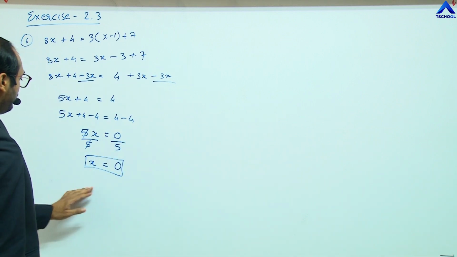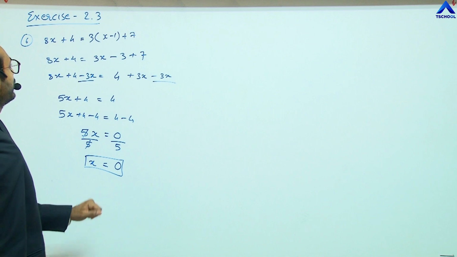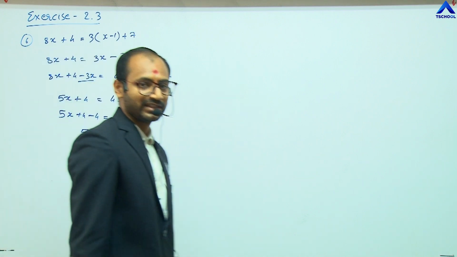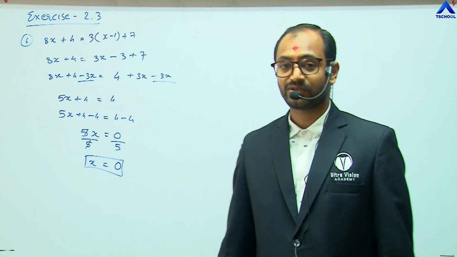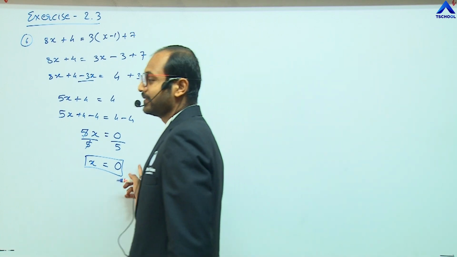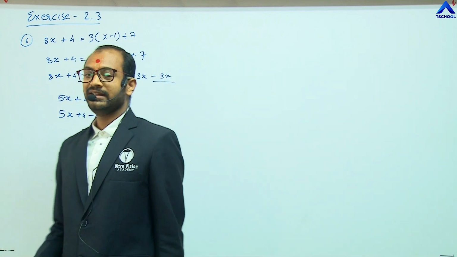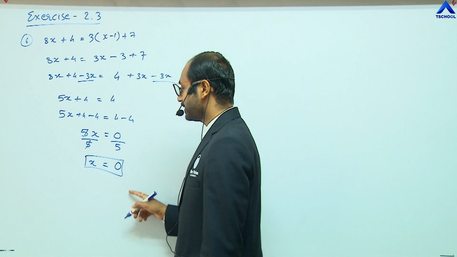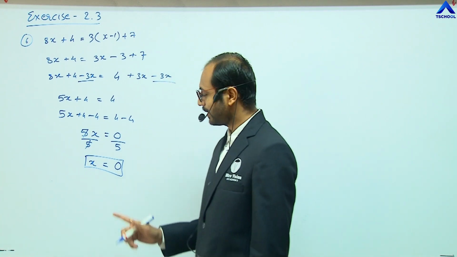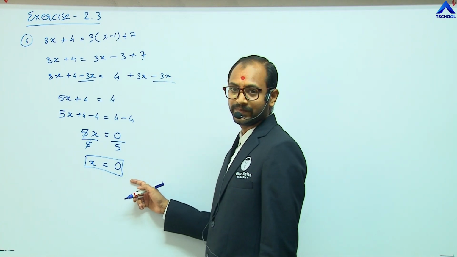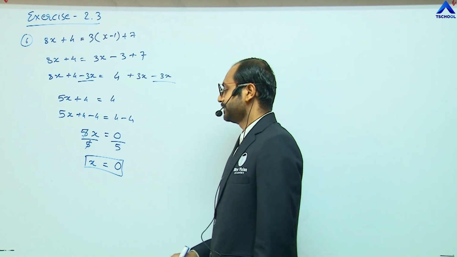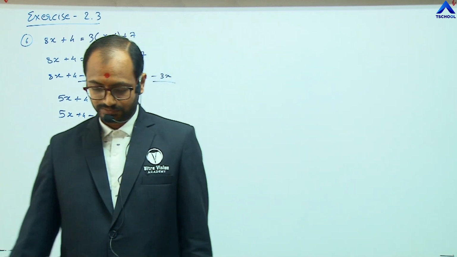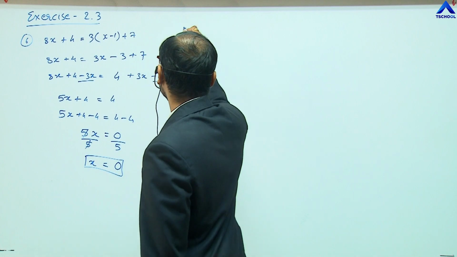So here the value of x is 0. Sometimes it may be 0. 0 is also a rational number. This 0 indicates that the denominator is 1. We can write here 0 by 1 also. Clear? So the solution of problem 6 is here.